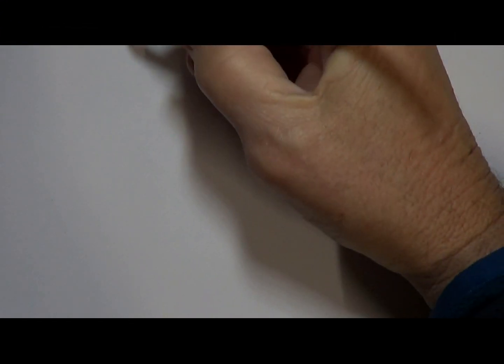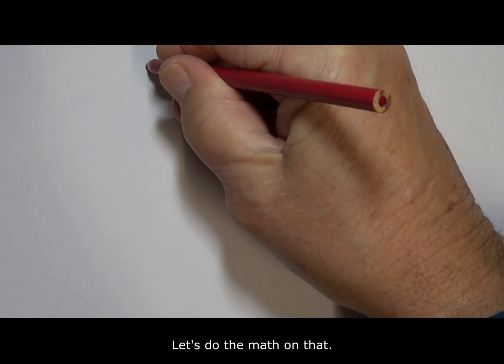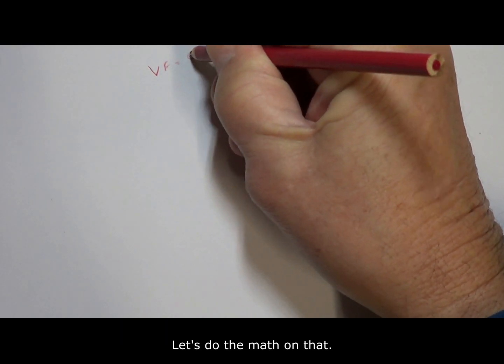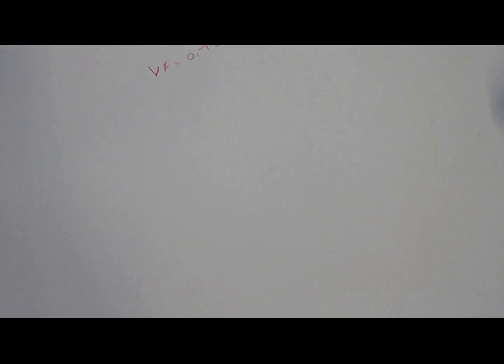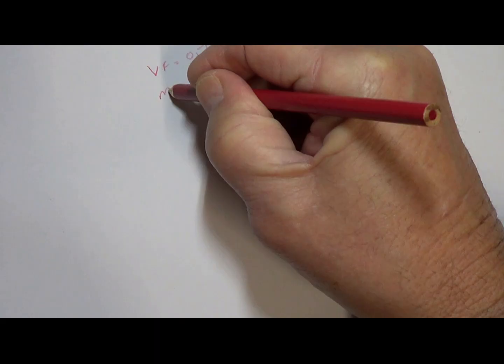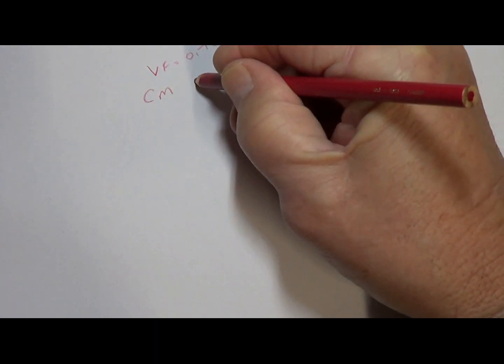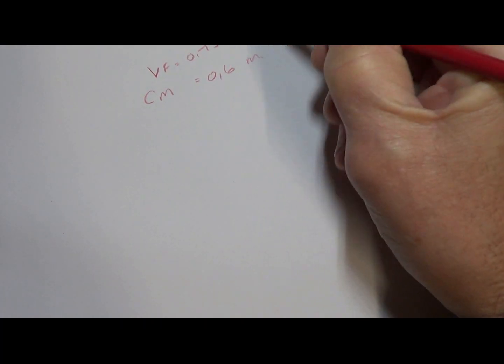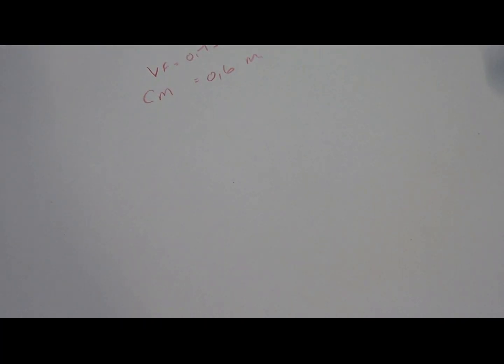So we saw on the instrument that the velocity factor was 0.75. Okay. We also measured the cable. Cable length is equal to 0.6 of a meter. Okay, let's just get that into view.